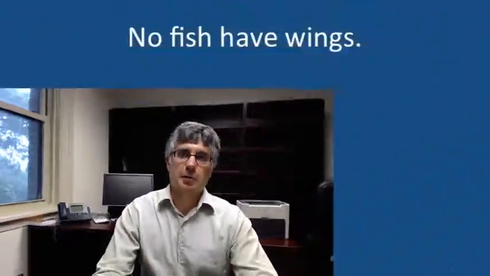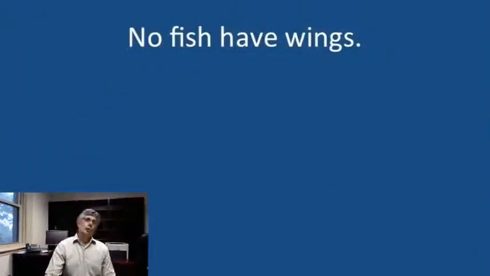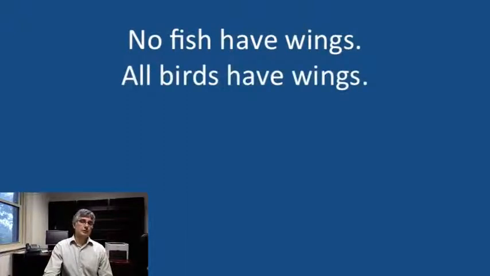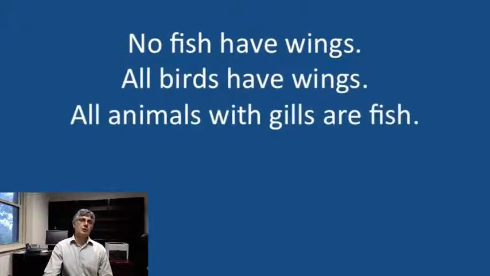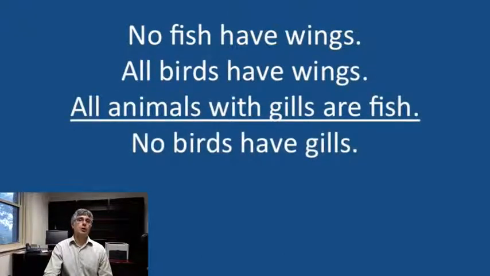Consider the following example. No fish have wings. All birds have wings. All animals with gills are fish. Therefore, no birds have gills. Is that argument valid? Take a moment to think about it.